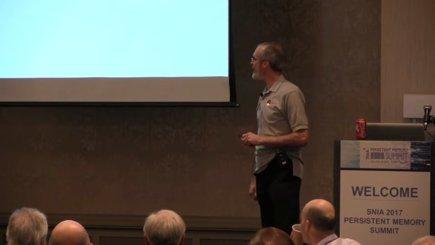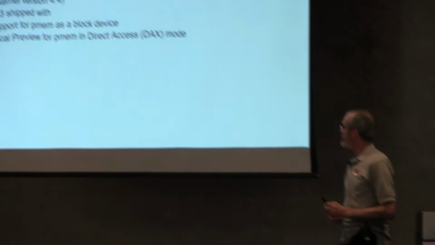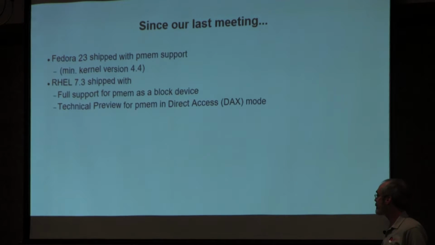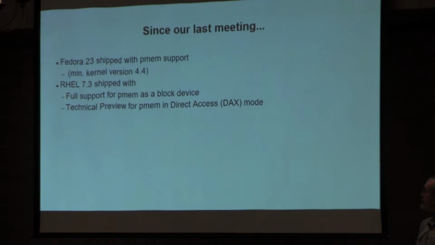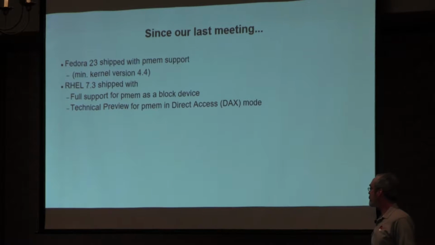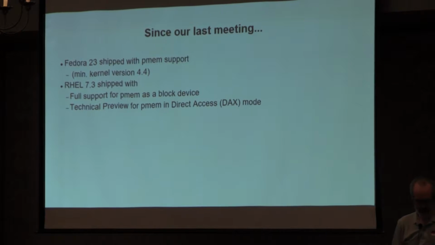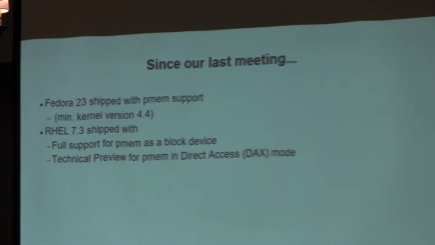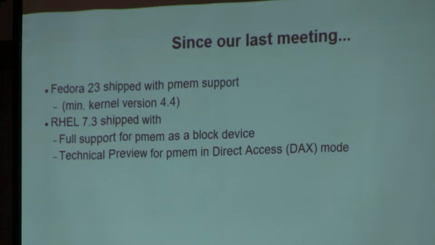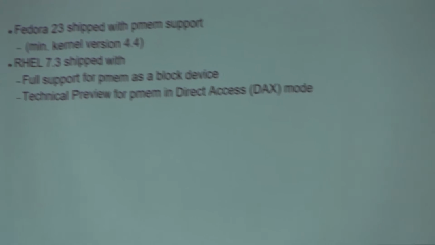Since the last time that Jeff was here, we've shipped support for persistent memory in Fedora, as well as in Red Hat Enterprise Linux 7.3. There's full support there for PMEM as a block device, and then we have a technology preview for support with DAX. That's there as it stabilizes and matures, and as we start to gather user support.